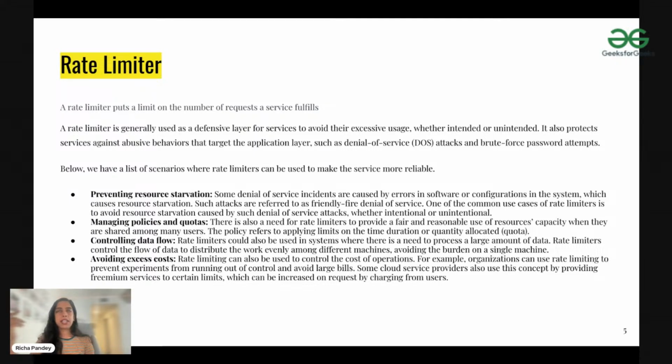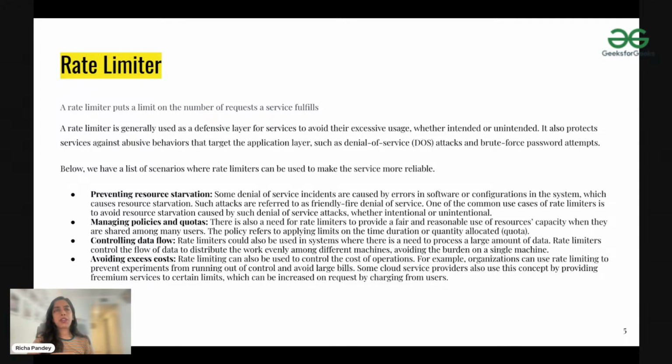So, let's say an API can be called by a particular user only, maybe 10 times a minute. Even if you are calling, let's say, the Google Map API, you're trying to integrate that in your system, the Google Map API will have a limit on the number of times you can call that API.